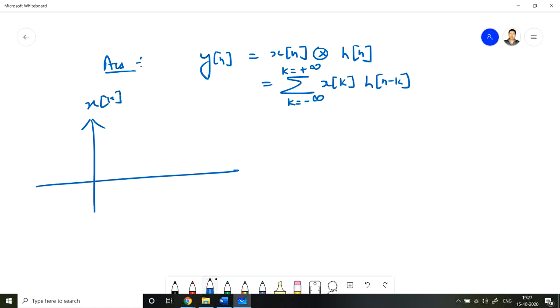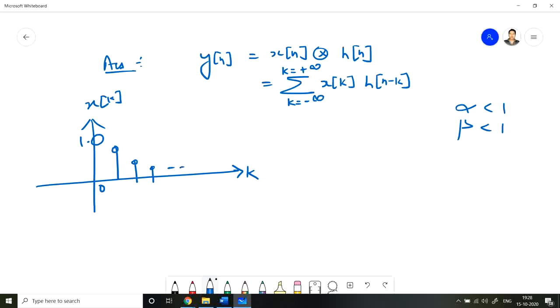So x[k] is nothing but, also note that alpha and beta are less than 1. So we have this x[k], that is at k equals 0 it is 1, and then it is decreasing.